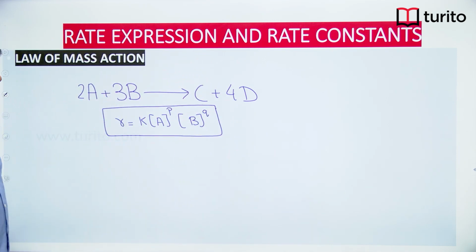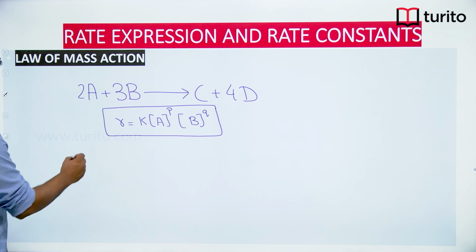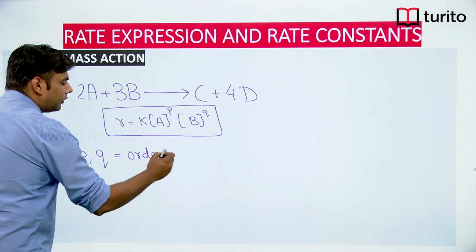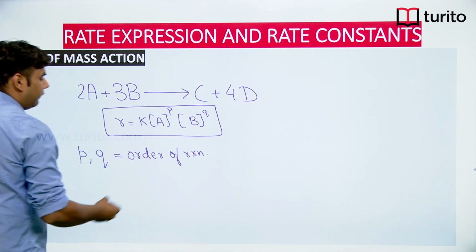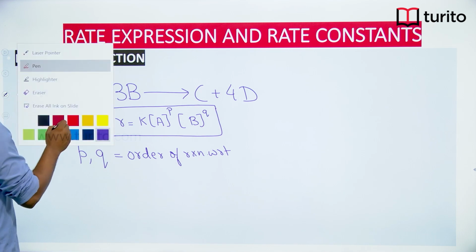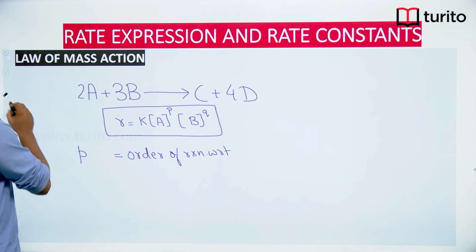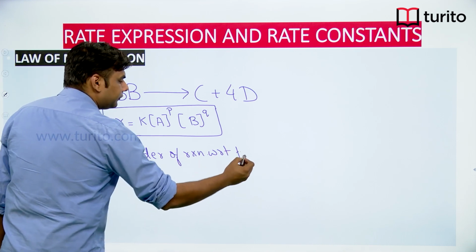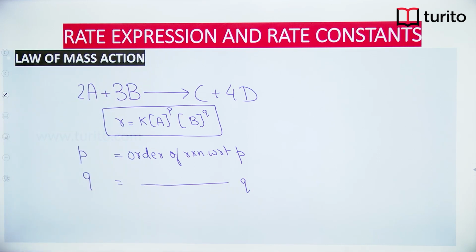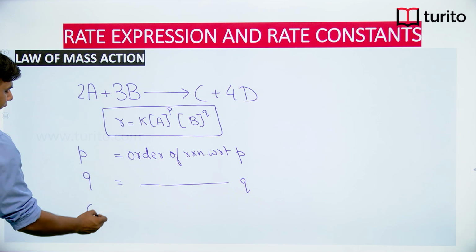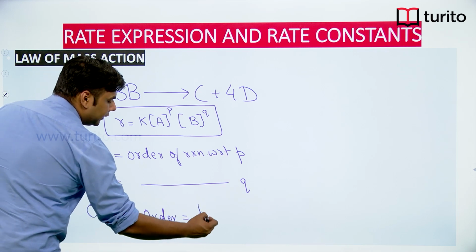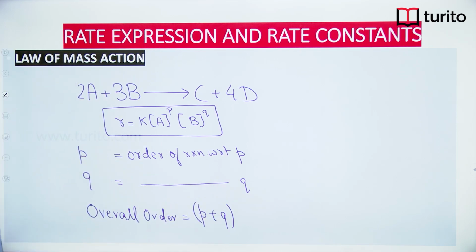Okay. So if you look at P and Q, they are called the order of reaction. P is the order of reaction with respect to A, and Q is the order of reaction with respect to B. If we want to find the overall order, we will say that the overall order is P plus Q. Now how we will get the value of overall order, I will explain a little later.